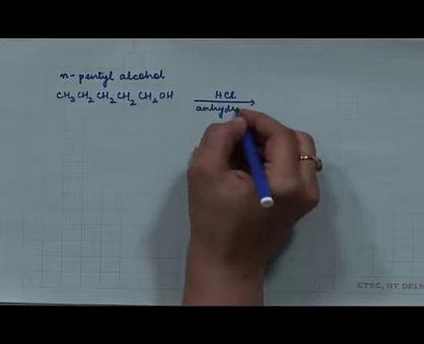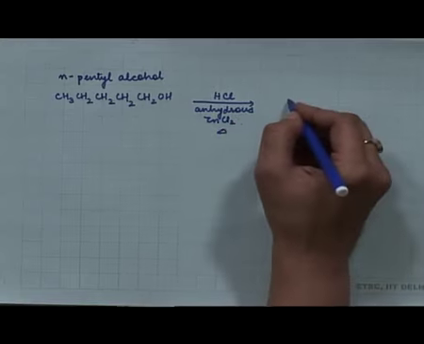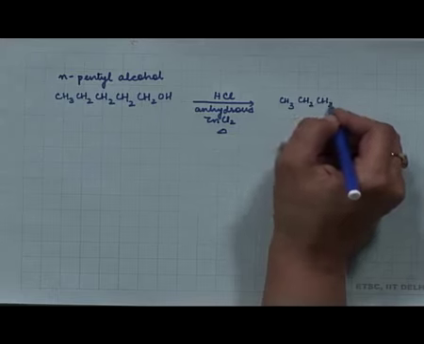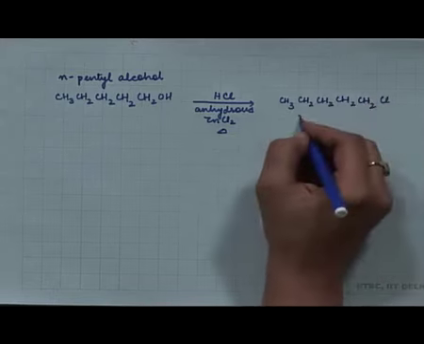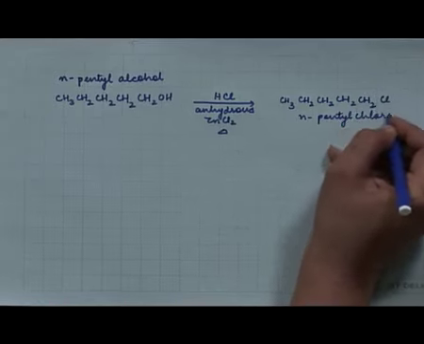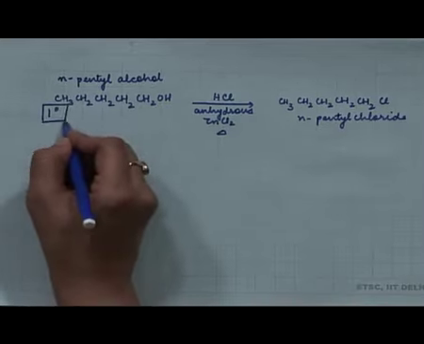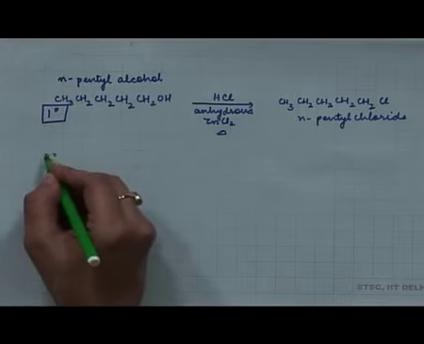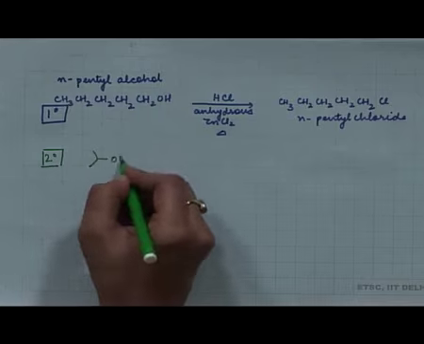You treat it with HCl, and you have to add anhydrous zinc chloride and heat it, because otherwise the reaction will not go, and then under these strong conditions what you get is the corresponding N-pentyl chloride. This is how these alcohols react with the halogen acids to give you the corresponding alkyl halides.